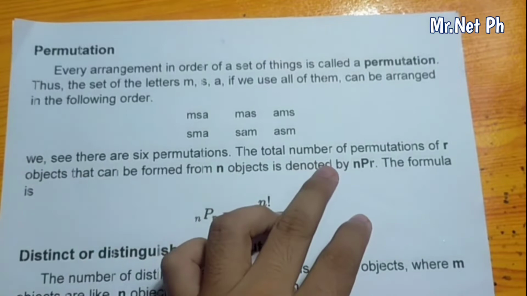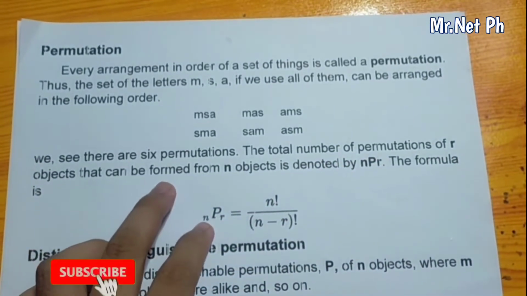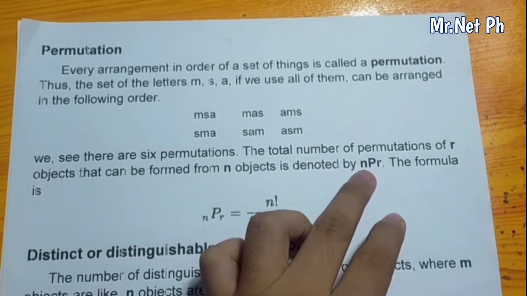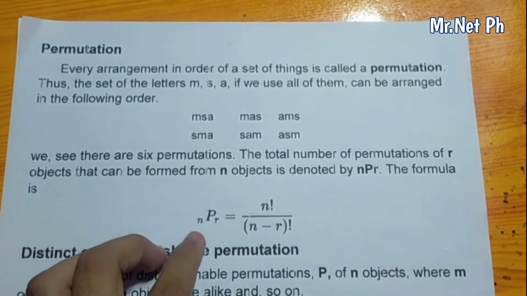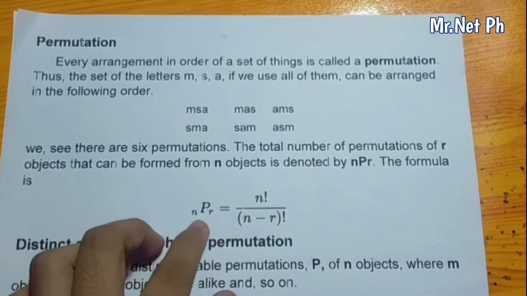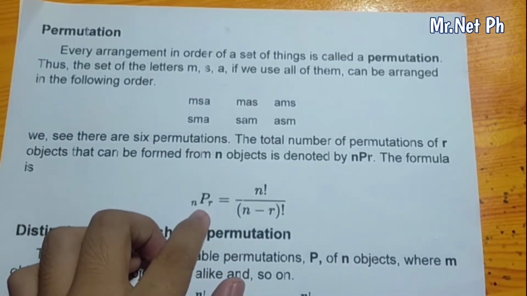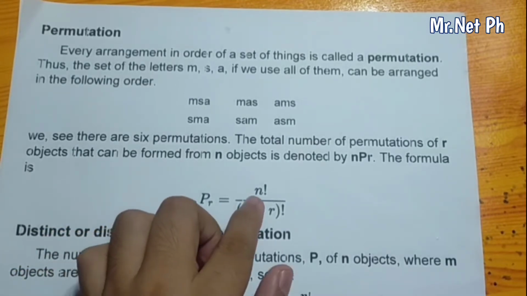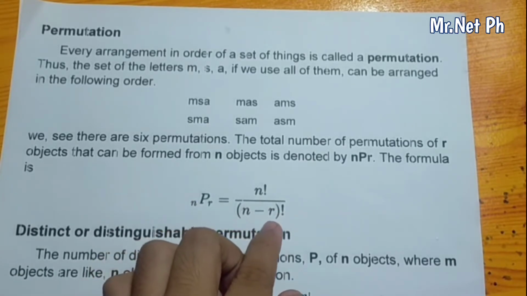The total number of permutations of R objects that can be formed from N objects is denoted by permutation of N taken R at a time. So, the formula is this. So, ang basa po nito is permutation of N taken R at a time is equal to N factorial over the quantity of N minus R factorial.